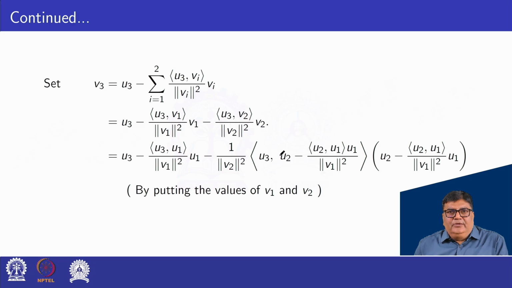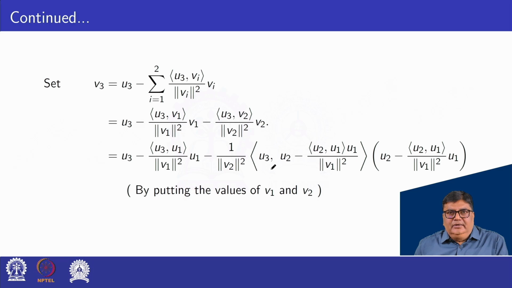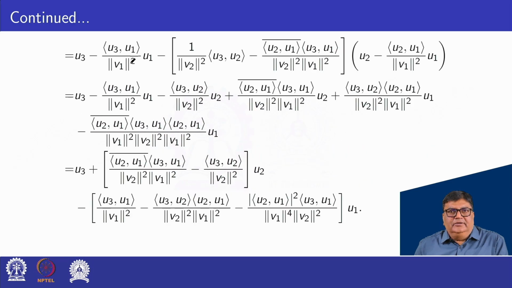Okay, so this is the inner product of U3, U2 and the inner product of U3 and this part with negative sign. So after simplifying, this part can be written as this.